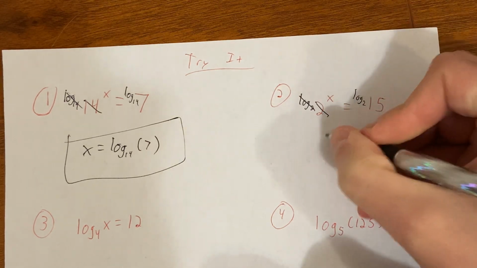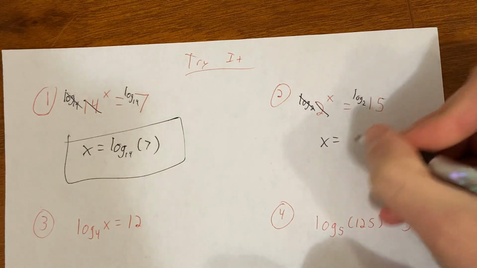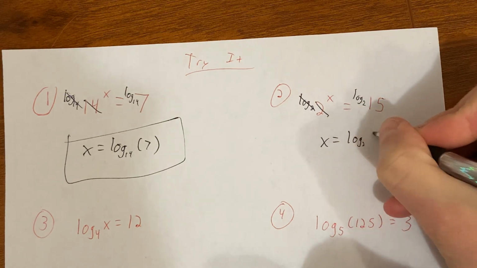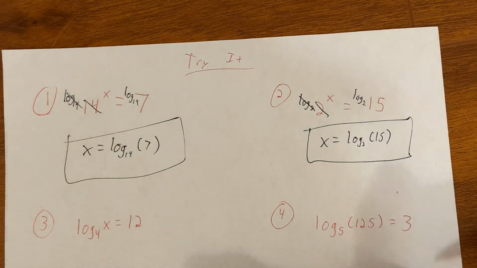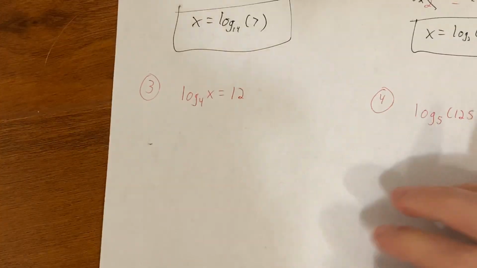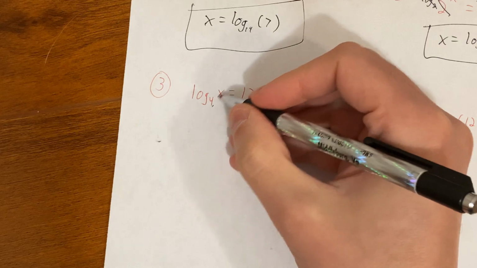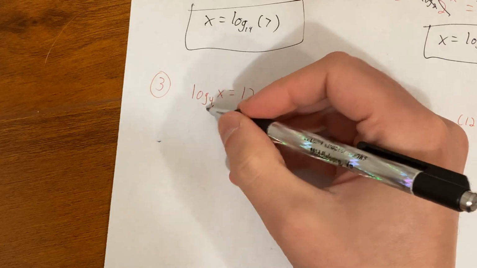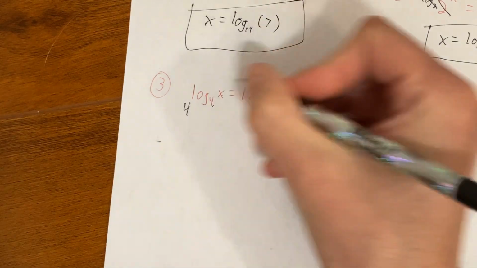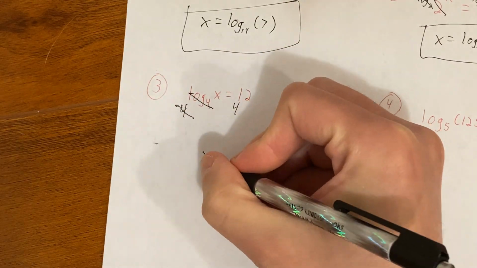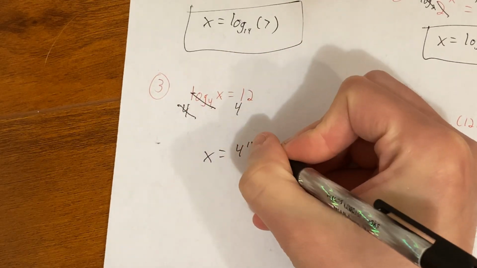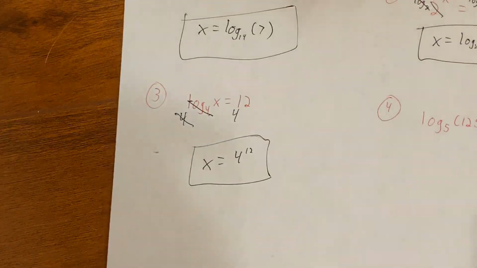Boom, boom. And you get x equals log base 2 of 15. Here the base is 4. Log base 4. Since that's a 4, I need to exponentiate using a 4, which once again, those cancel, and you get x equals 4 to the 12th.